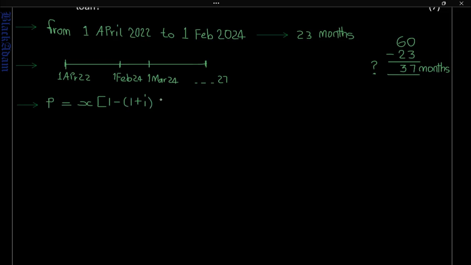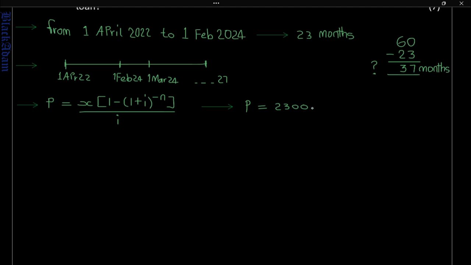P equals x times bracket 1 minus open bracket 1 plus i to the power negative n, all over the interest rate. And from there we have our present value. We need to find the outstanding amount.